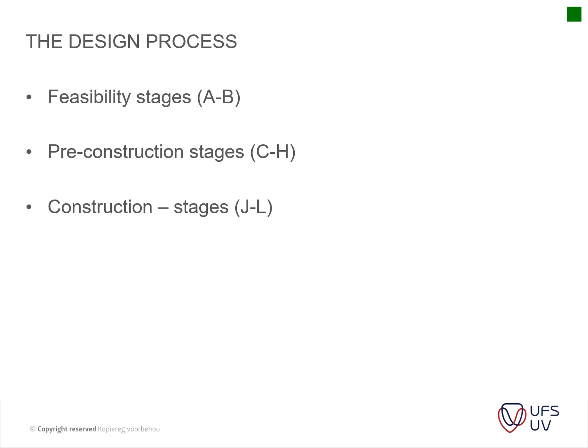Then we look at a design process. Our design process can usually be divided into 3 main areas. You will notice that these parameters, the feasibility stage, the pre-construction stages, and your construction stages are basically a summary of the 6 stages that we use.